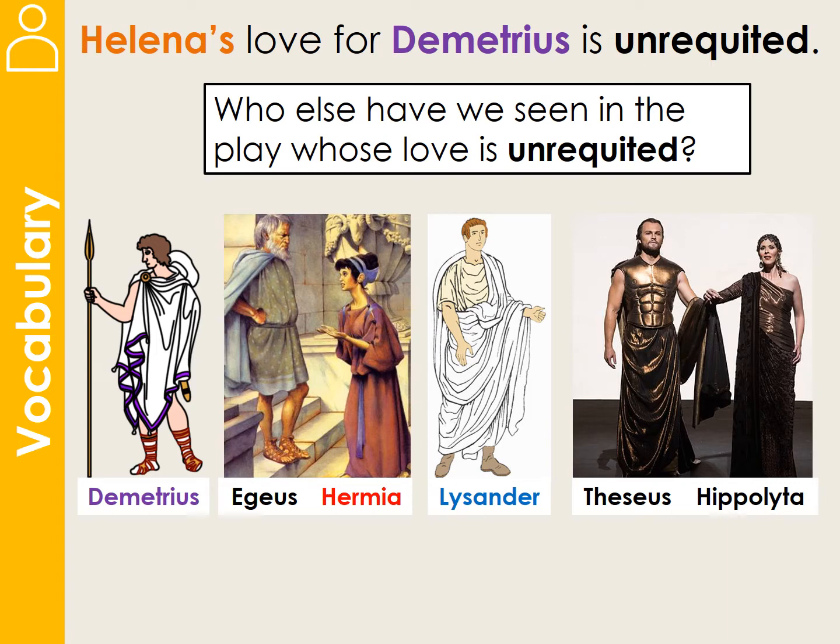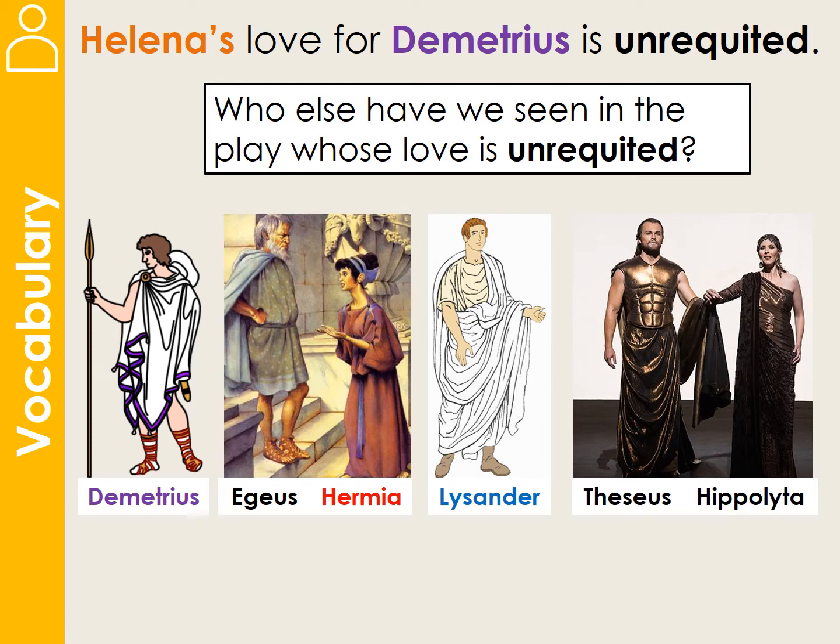So, Helena's love for Demetrius is unrequited. I'd like you to have a look at these below and decide who else has love that is unrequited. So we have the characters Demetrius, Aegeus, Hermia, Lysander, Theseus, and Hippolyta. I would like you to decide which of these also has unrequited love.